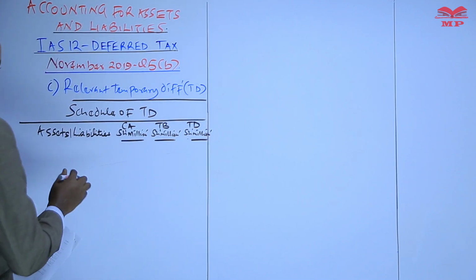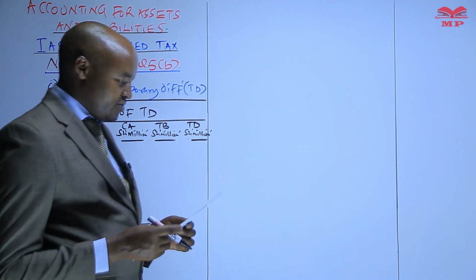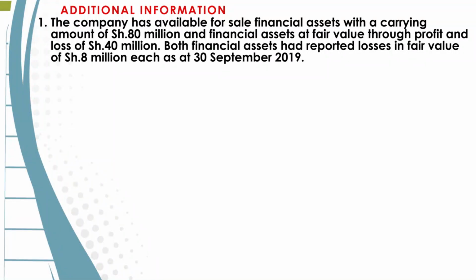So let's go through the information which you are given, starting with note 1. In note 1, we are told this company has available for sale financial assets, and also the company has another financial asset known as financial asset at fair value through profit and loss. So we're given information about two types of financial asset.